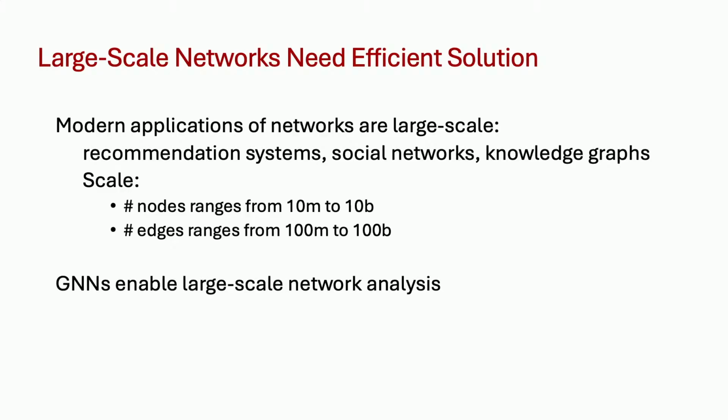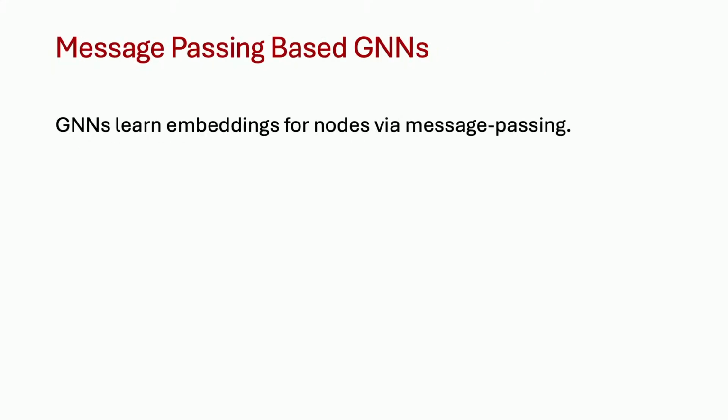GNNs are the main tool that enable this large-scale network analysis. We already learned yesterday about message passing based GNNs, but I'm going to do a recap for completeness. The main focus of this talk is message passing based GNNs, where we learn embeddings of networks via message passing between neighbors.